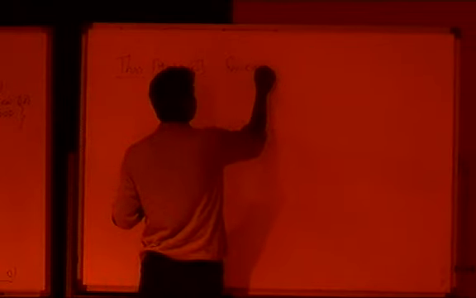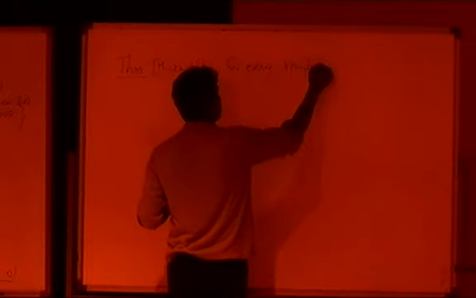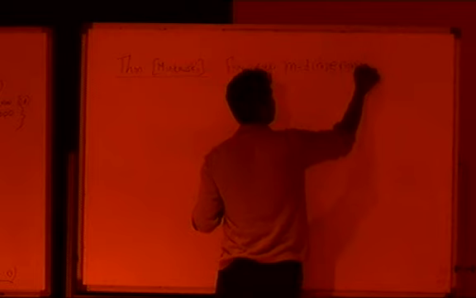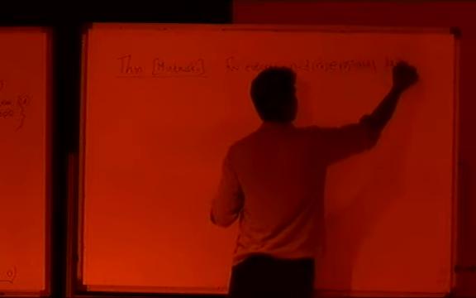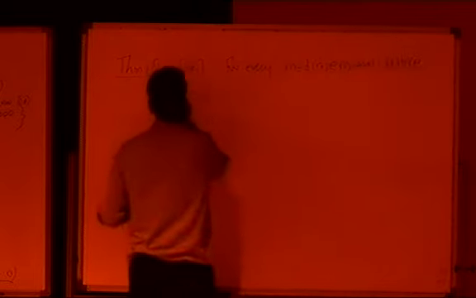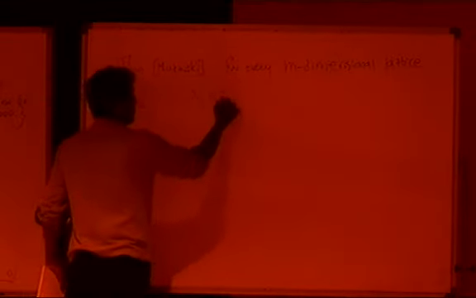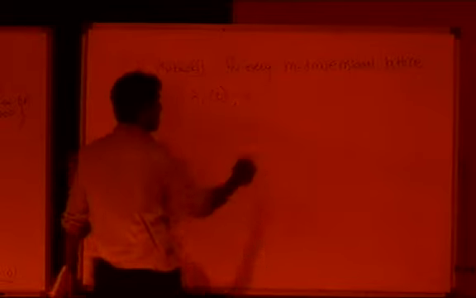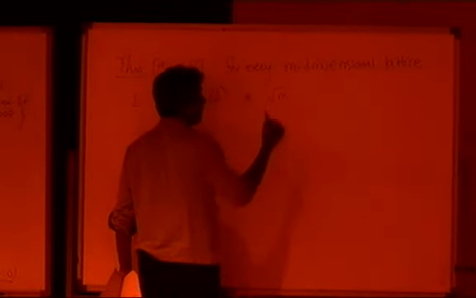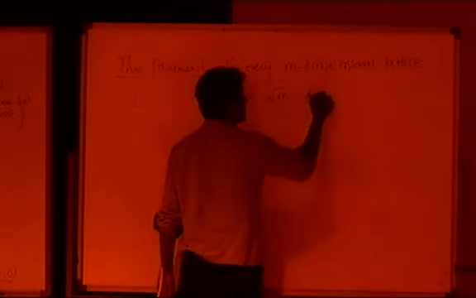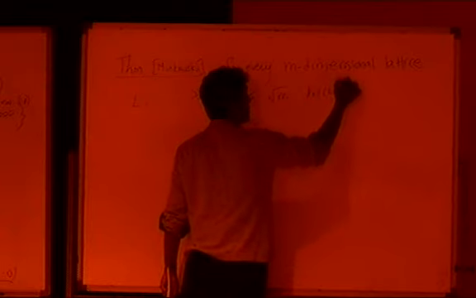It says that for every n-dimensional lattice L, lambda 1 of L, the length of the shortest vector, is at most square root n times the determinant of the lattice to the power 1 over n.